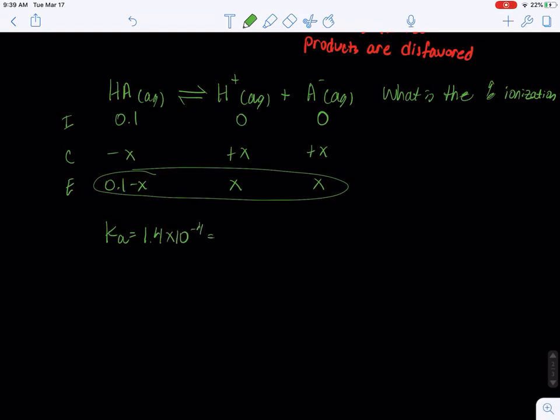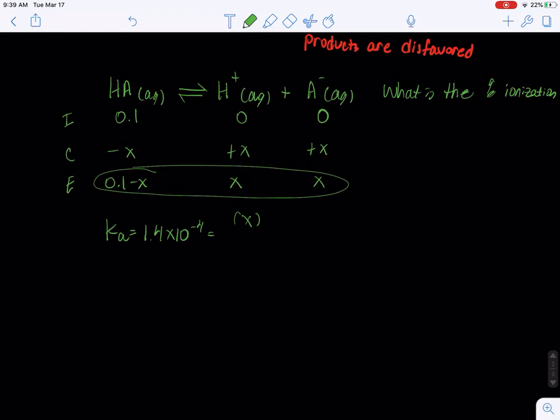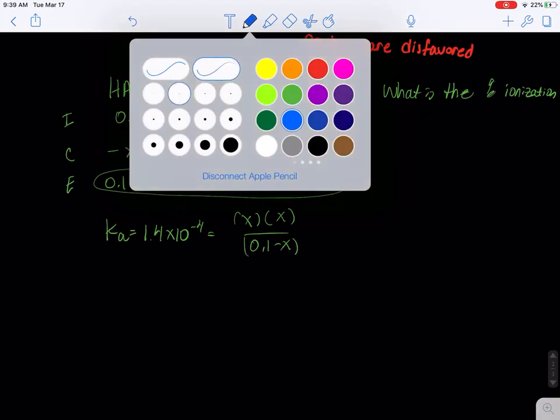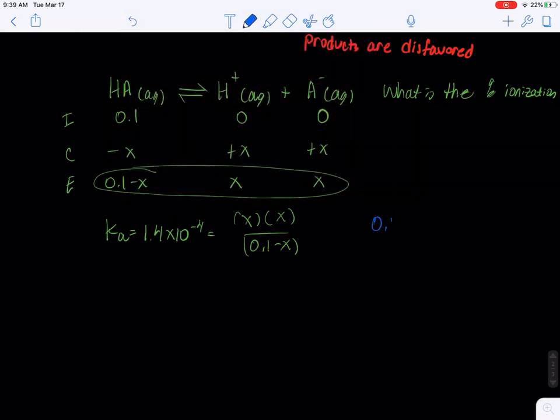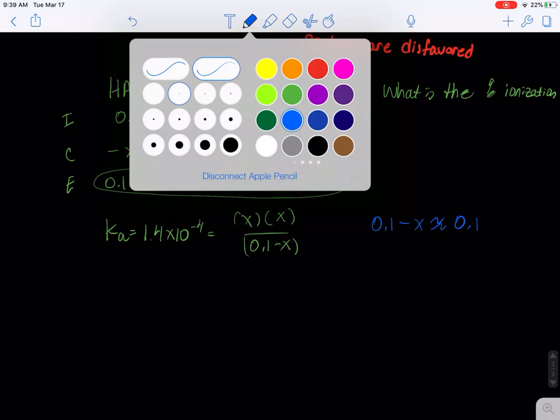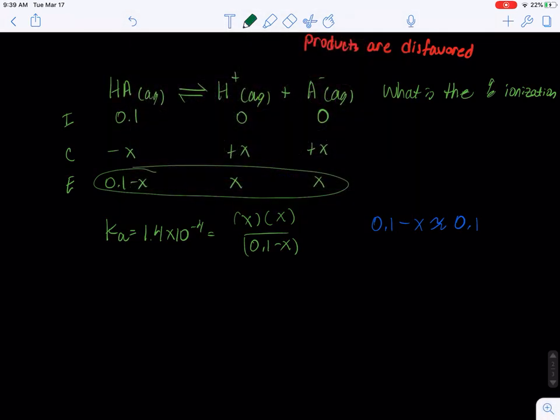up above. And so that's going to be x times x over 0.1 minus x. And remember the assumption, we assume that x is small. So we assume that 0.1 minus x is about equal to 0.1. And so what we get from this is 1.4 times 10 to the minus 4 equals x squared over 0.1.